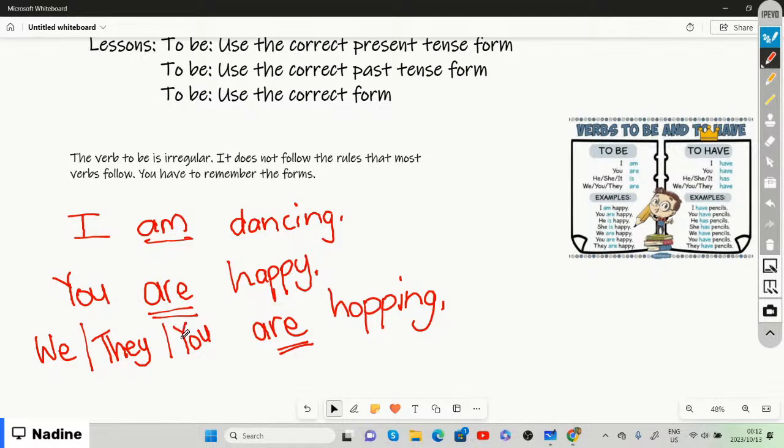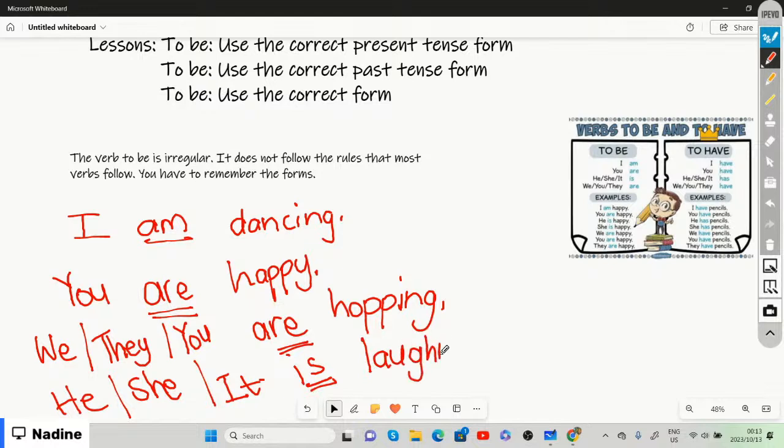But if we're only referring to one person, which is either we make mention of him, which is he, or you make mention of she, or you can say it, referring to maybe an animal or a thing, then we say is. Is refers to one person, animal, place, thing doing something, right? So he is, let's say, laughing, right?